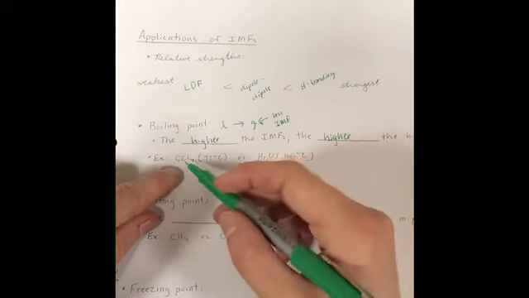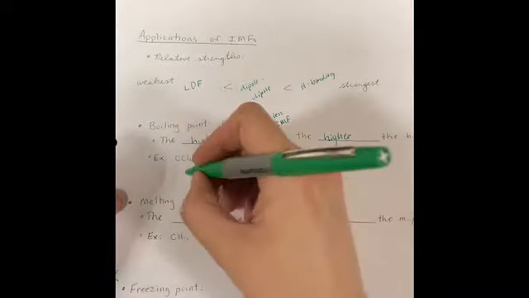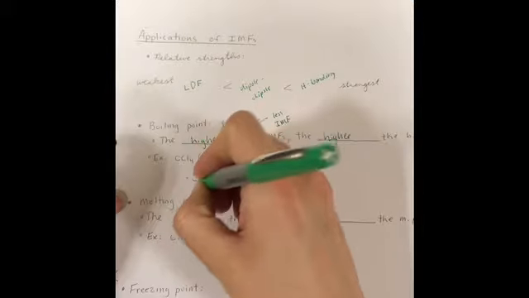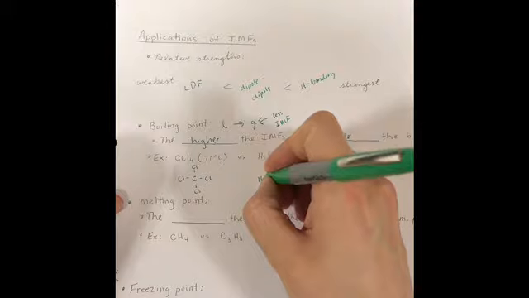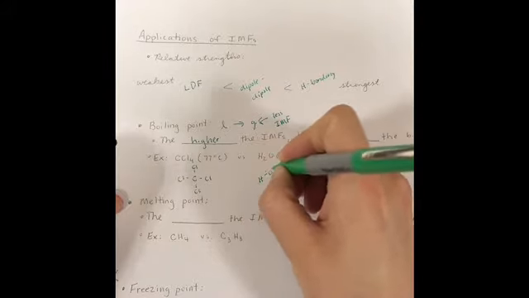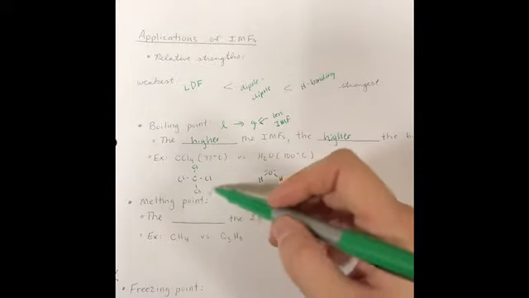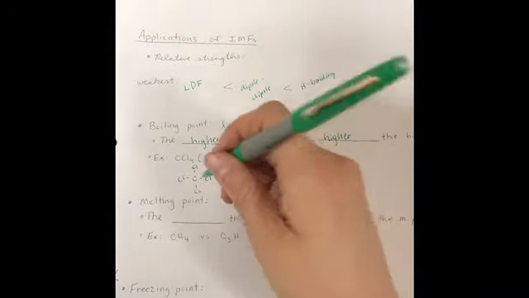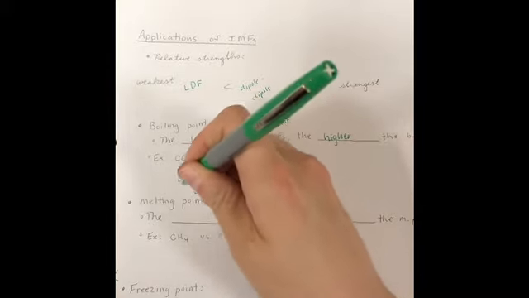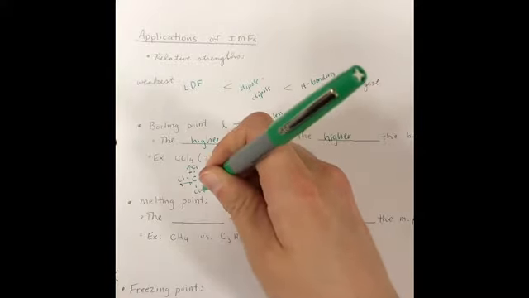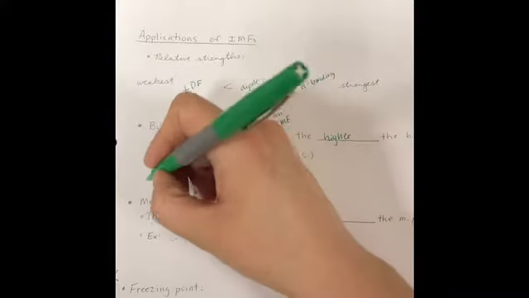So let's take, for example, why CCl4, carbon tetrachloride, boils at a lower temperature than water. Looking at carbon tetrachloride versus water, we have to consider which intermolecular forces are present. Between molecules of carbon tetrachloride, although this molecule has polar bonds, if we consider the directions of all these dipole moments, it spreads electron density evenly across the molecule.